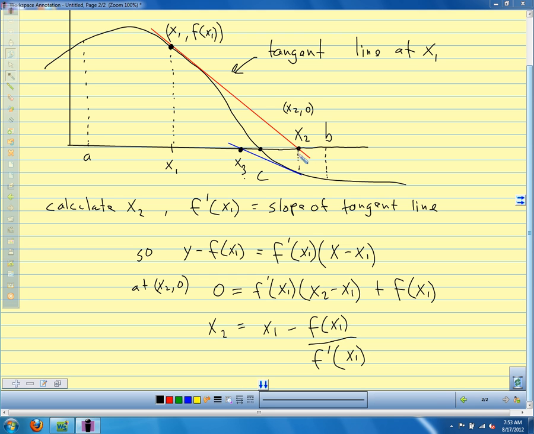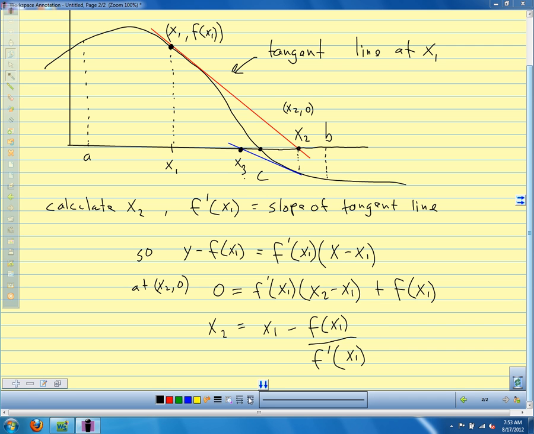This is x2. And then we repeat this process. To find x3, we're going to say that x3 is x2 minus f of x2 over f prime of x2. And we can repeat this process as many times as we want until we get the desired accuracy.